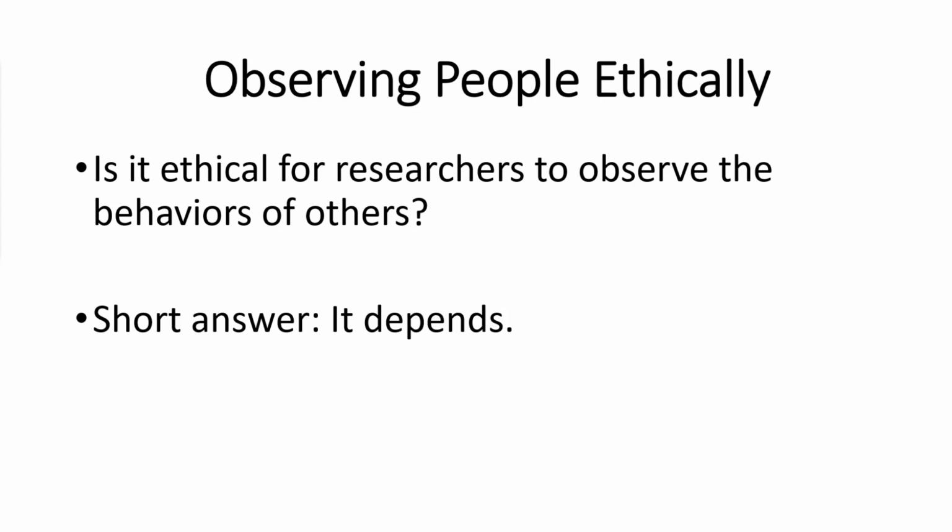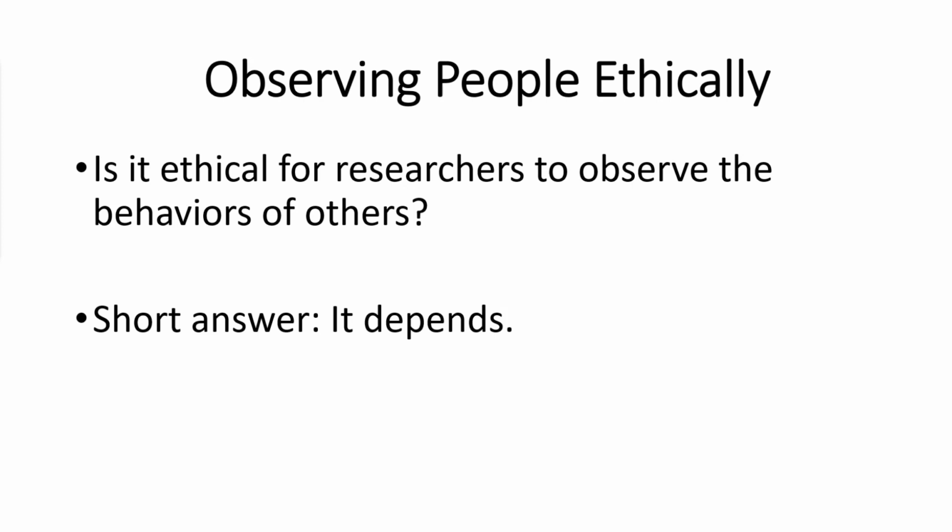And as always, the short answer is it depends. The long answer is that we could have an entire class talking about when it's ethical or not ethical and what situations warrant secret observations and others don't. But most of the time, it's going to depend on the situation and what you're using the information for and all sorts of stuff like that.